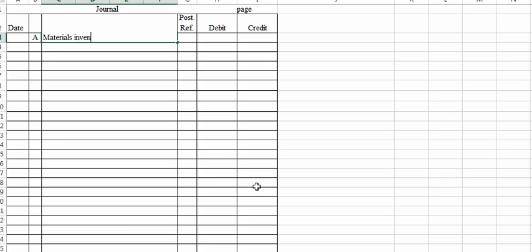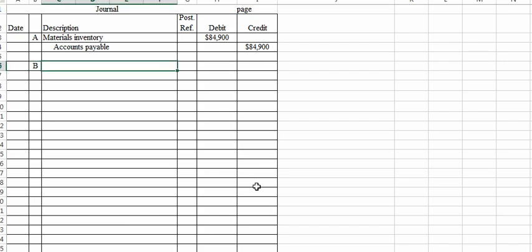I'm going to put materials inventory for the amount purchased, which was $84,900. And they were purchased on account, so we'll credit accounts payable. Okay, so far nothing different than what you've already seen.